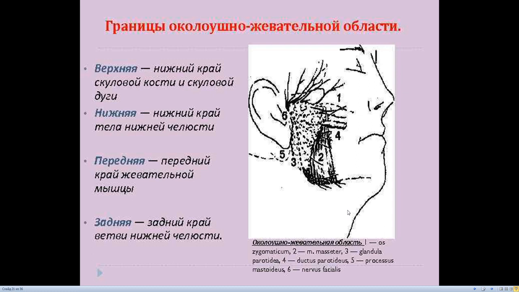Proper fascia is a strong layer of connective tissue fibers that surrounds the parotid gland and masseter muscle.